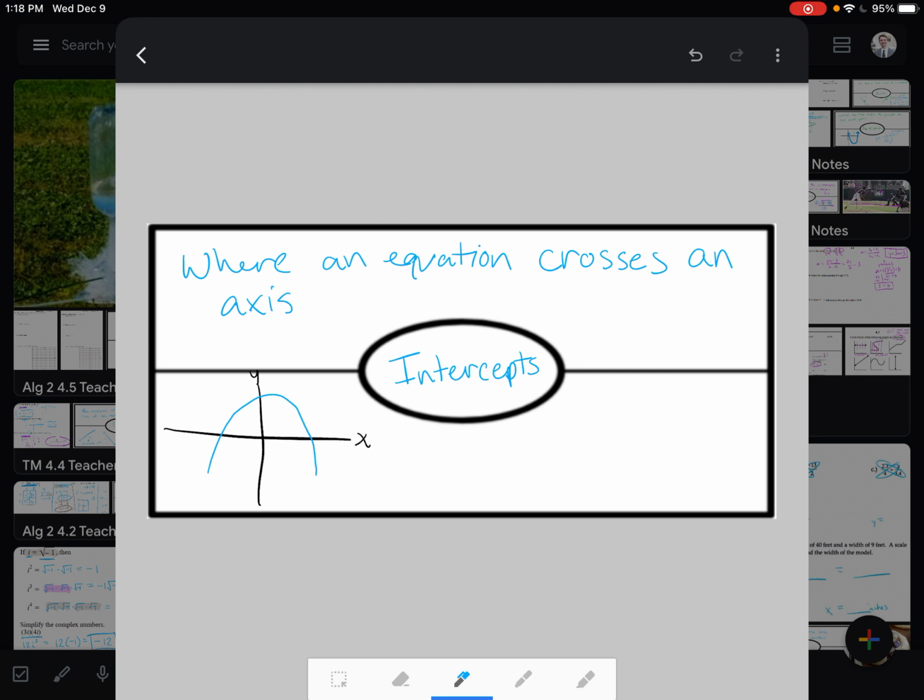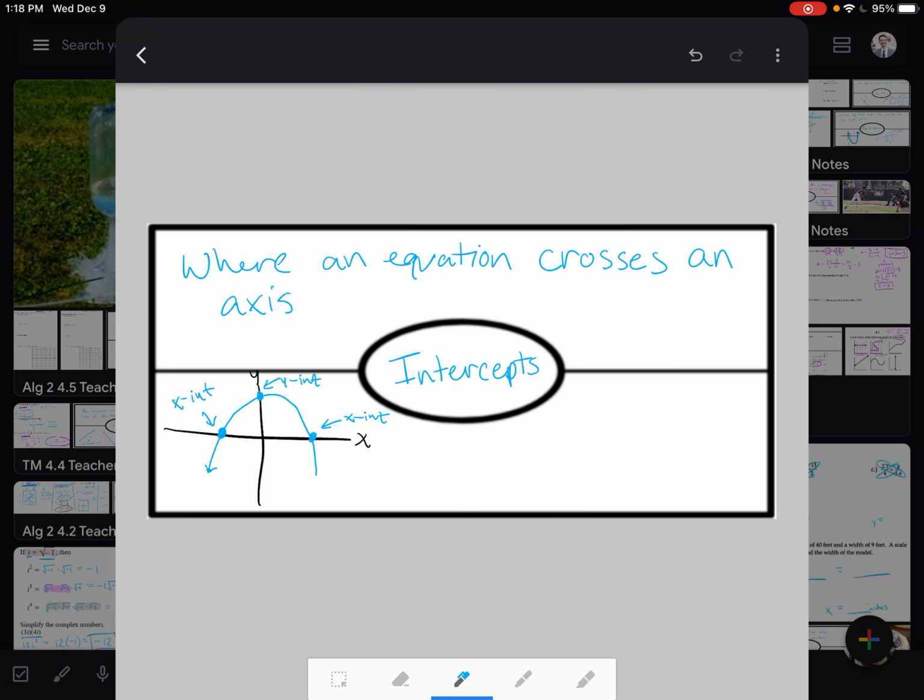We start off here, it goes up, it crosses the x-axis, so we call that an x-intercept. It then crosses the y-axis, we call that a y-intercept, and then it comes back down and hits the ground. So that is our next x-intercept. So again, 3 intercepts there, 2 x-intercepts and 1 y-intercept. With our motion, we're just looking for anywhere that this parabola touches either the x or y-axis, and that tells us that it's an intercept.